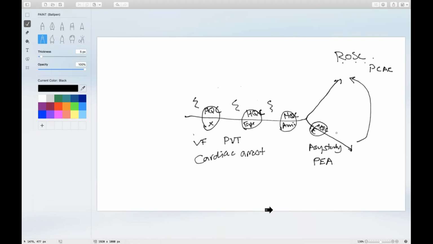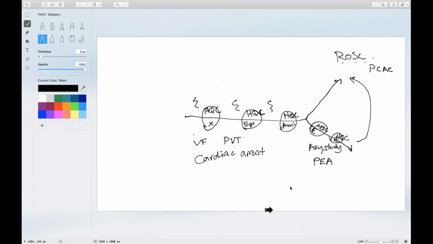Then 2 minutes finished, there is no shock. Again, high quality CPR and here reversible causes. We will remember the reversible causes and we will consider them and treat them. They are the H's and T's. We will discuss this one more.